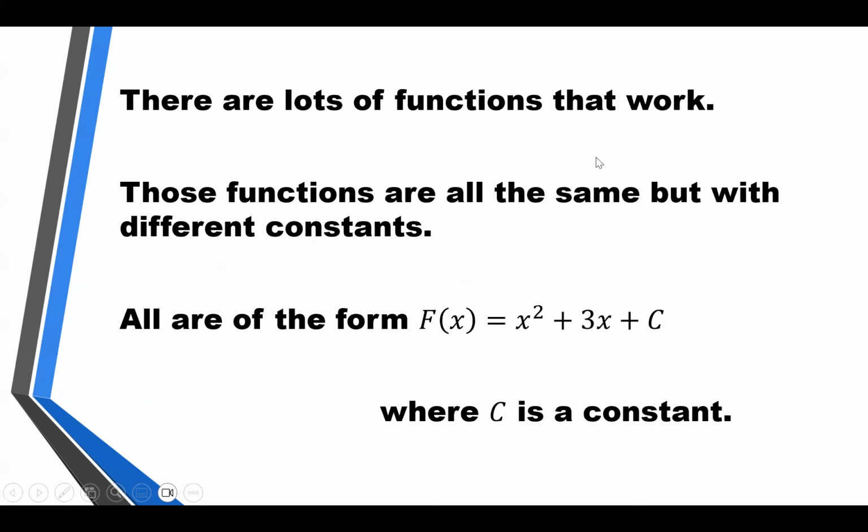So there's actually a lot of functions that work. However, all of those functions have the same kind of format except with different constants. All of those functions are going to look like some version of x squared plus 3x plus c, where c is a constant.